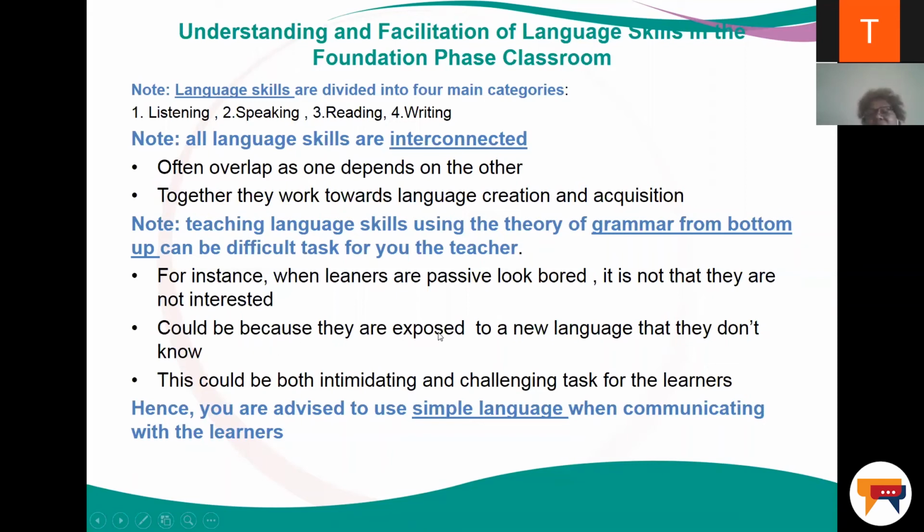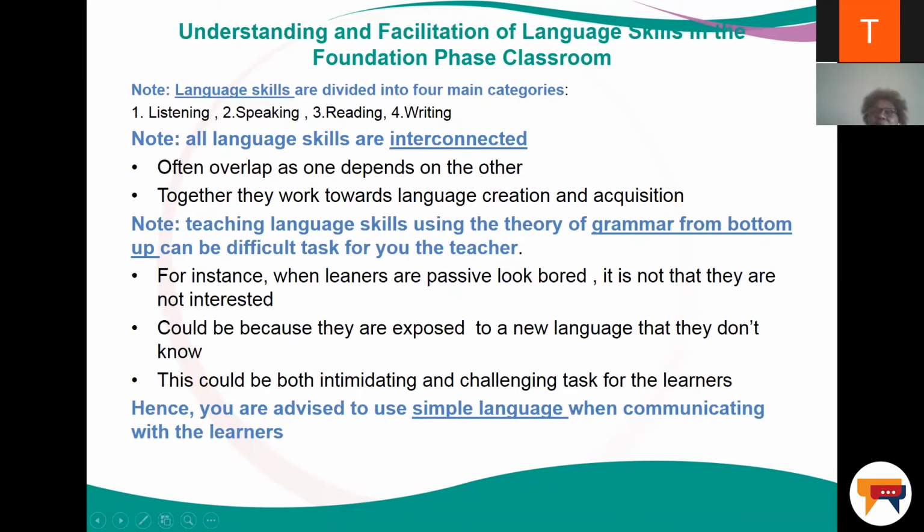It could be because they are exposed to a new language that they don't know. This could be both an intimidating and challenging task for the learners. Hence, it is important to remember that you are advised to use simple language when communicating with the learners.